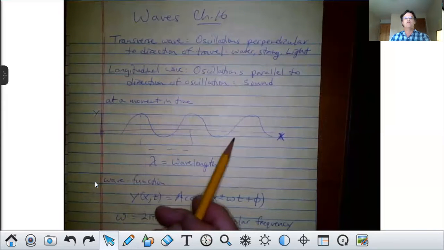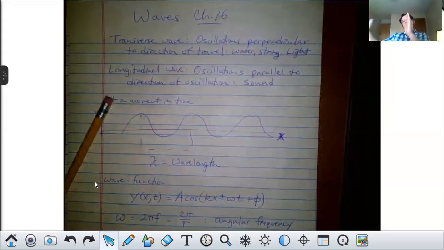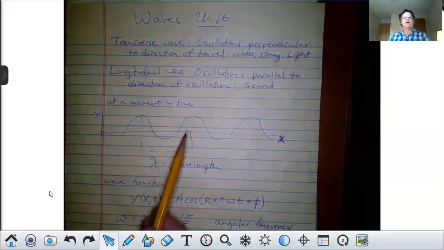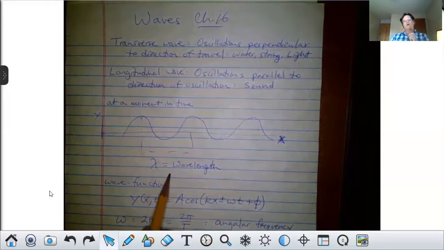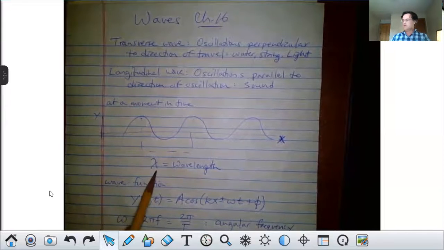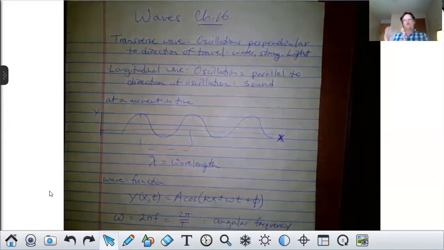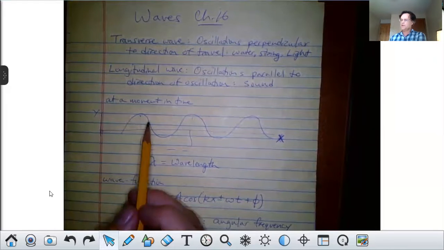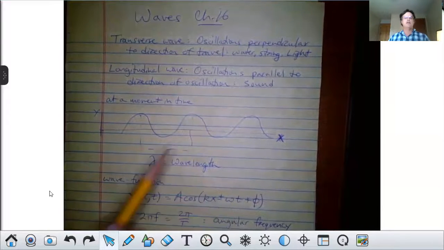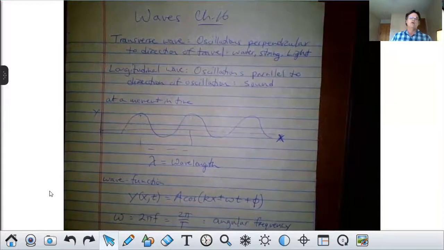I've got an x variable, the distance maybe of the wave from the beach, and the distance between two wave crests I call the wavelength. The letter used to describe that is the Greek letter lambda, and it's the distance between the waves. I could pick any two points on the wave and go a wavelength, and I've basically repeated the pattern.